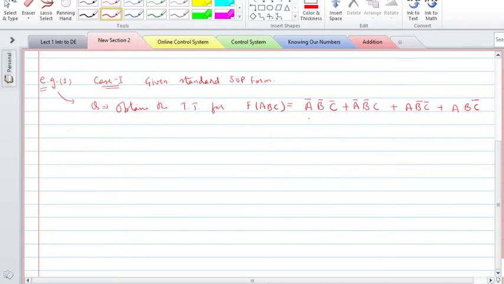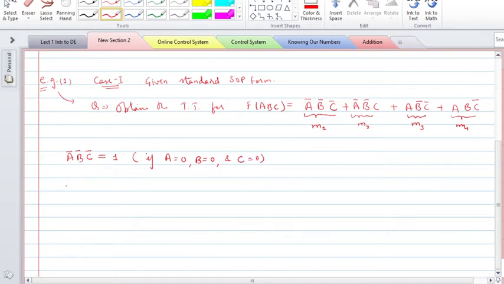Now, for this function, let's consider the individual min terms first. This is your M1, this is your M2, this is your M3, and this is your M4. Let's consider the first one. This min term will be 1 if A equals 0, B equals 0, and C equals 0.